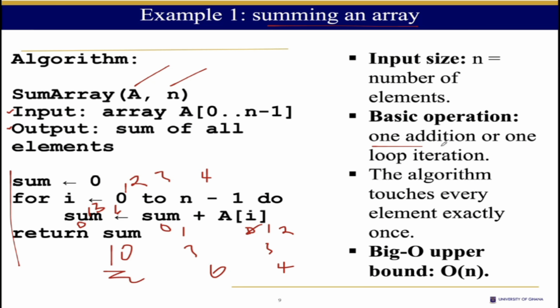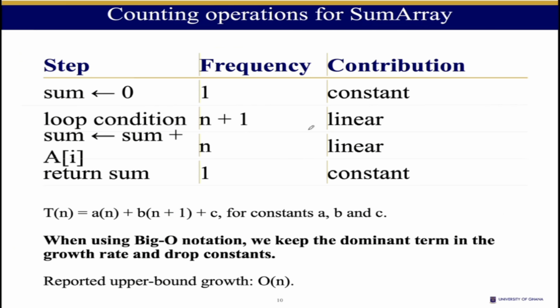The basic operation is one addition, and then one loop, one iteration. A loop is an iteration. The algorithm touches every element exactly once. So it means that because we have n number of elements, the upper bound will be big O of n. More of this we explain as we go along, but that's the upper bound of things.